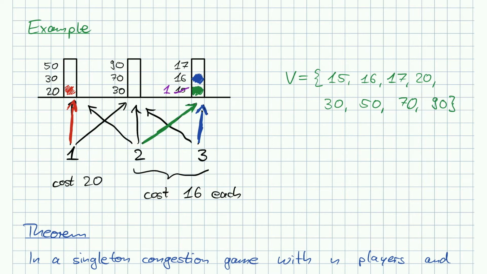Whenever we have a 16, that's the second smallest value, we write 2. 17 is the third smallest value. 20 is the fourth smallest value. 30, we actually have twice, that's the fifth smallest value, so we replace it by 5. 70 is the sixth smallest value. 50 is the seventh smallest value, and 90 is the eighth smallest value.